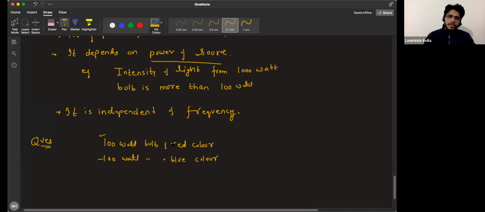See the energy, Mariam, energy depends upon frequency. Red color has higher wavelength but smaller frequency. So frequency of blue color is greater than frequency of red color. Sorry, yes.